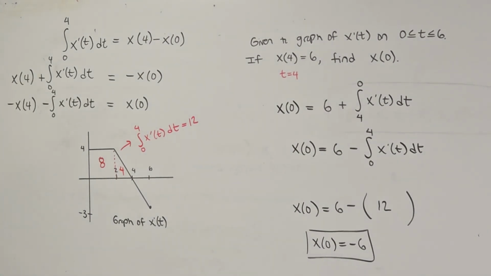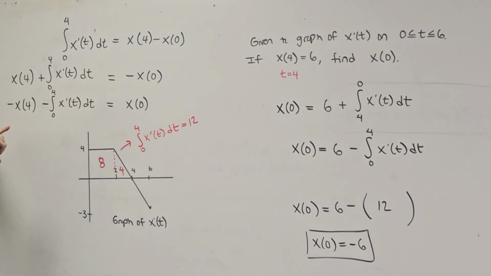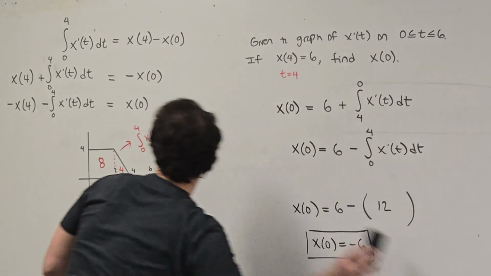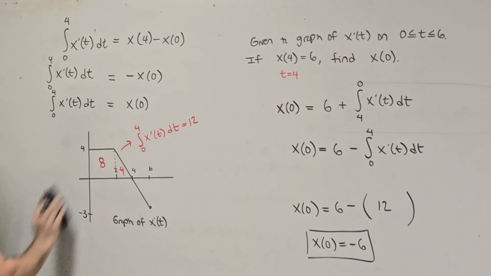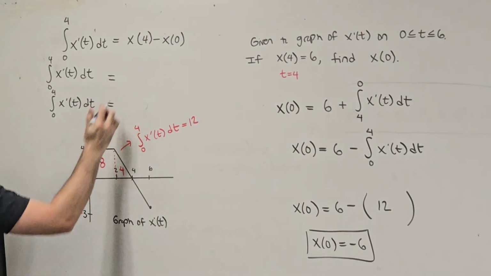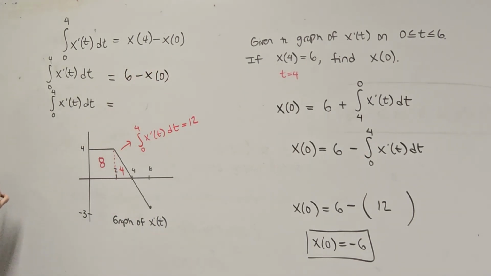So I want to show you over here that we should get the same thing. So I have the definite integral from 0 to 4 of x prime of t is going to be x of 4 minus x of 0. I know x of 4 is 6. So if you just wanted to make a substitution from the beginning, you could say, oh, that's just going to be 6 minus x of 0.